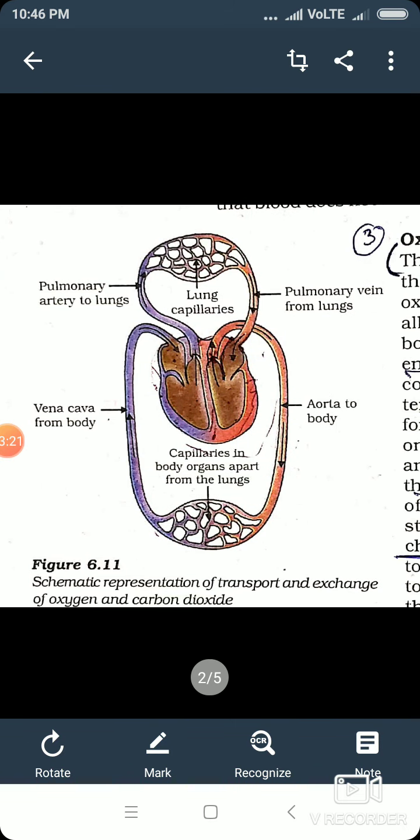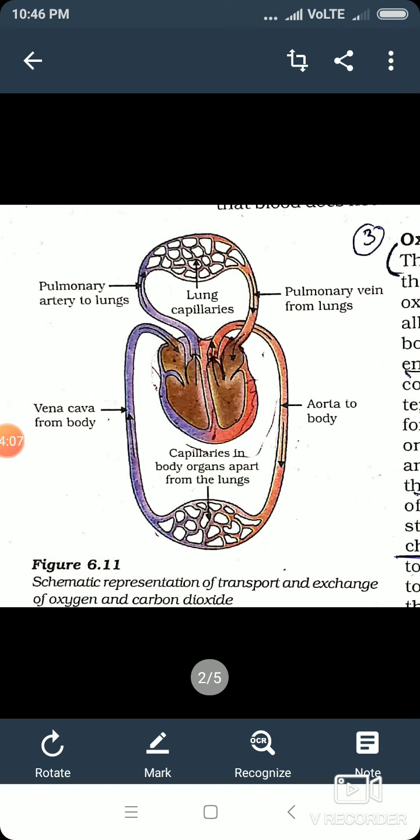You can see in the figure how the pulmonary veins bring the oxygenated blood from the lungs to the left part of the heart, and from there through the aorta it is distributed to the body, and from the body with the help of vena cava the deoxygenated blood comes to the right part of the heart, and then with the help of pulmonary arteries the deoxygenated blood goes to the lungs, where the blood is again oxygenated and the cycle continues.